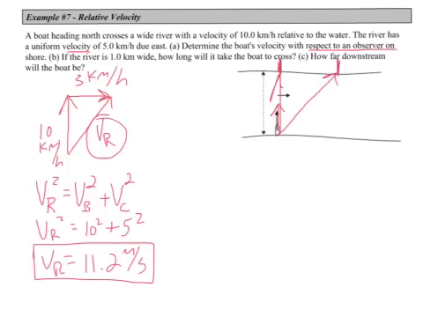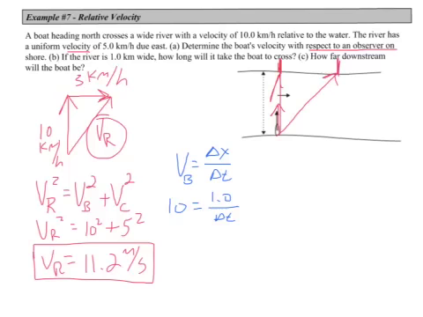Part B tells us if the river is 1 kilometer wide, how long is it going to take for the boat to cross? Well, to cross the river, the only component of our resultant velocity that is getting us across the river is the boat's velocity of 10 kilometers an hour.